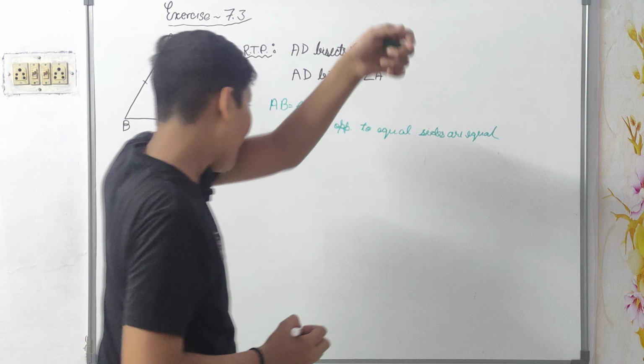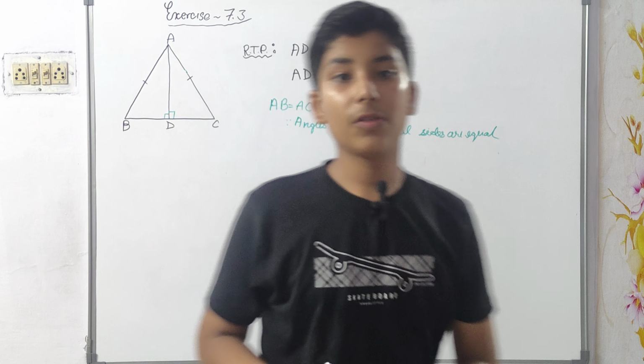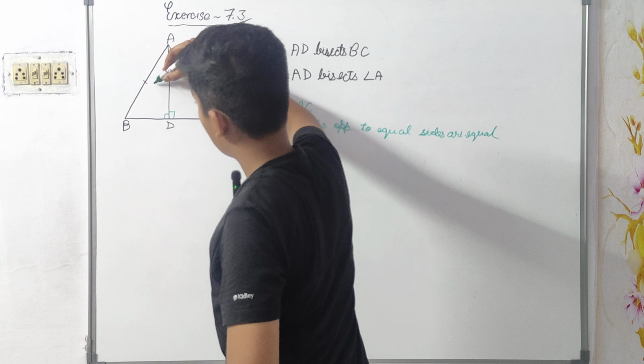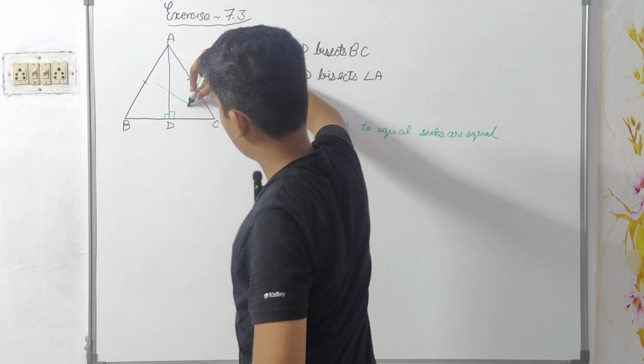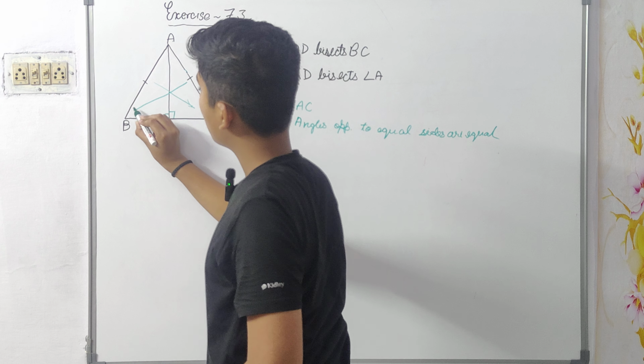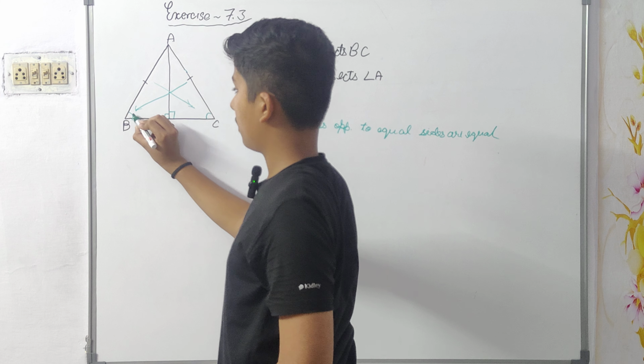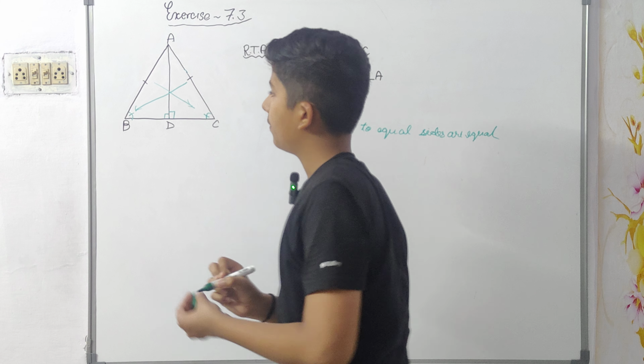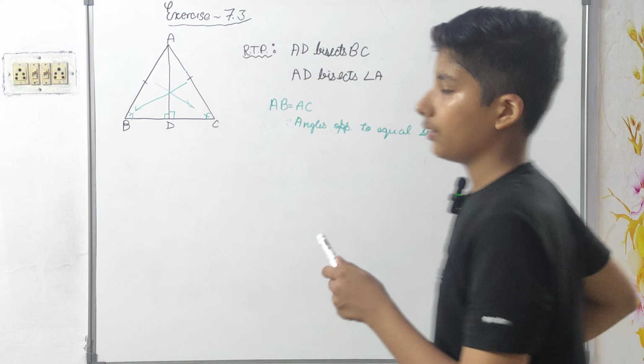We know this thing that equal sides have equal angles opposite to them, means this angle is equal to this angle. These two angles will be equal to each other.